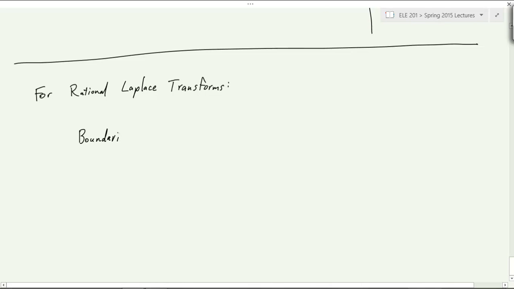Okay, so rational Laplace transforms, we're going to find they're very easy. It's a good thing we're restricting to just rational Laplace transforms. First of all, they'll help us solve a lot of problems. And secondly, they're easy. It's an easy set of Laplace transforms to work with. So the boundaries of the region of convergence are always the poles.